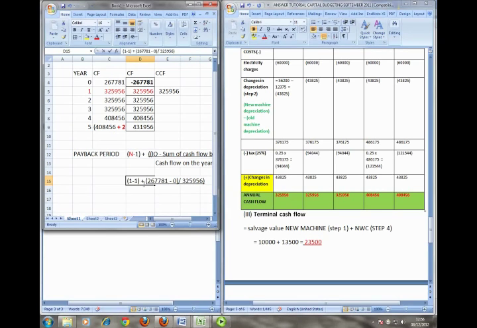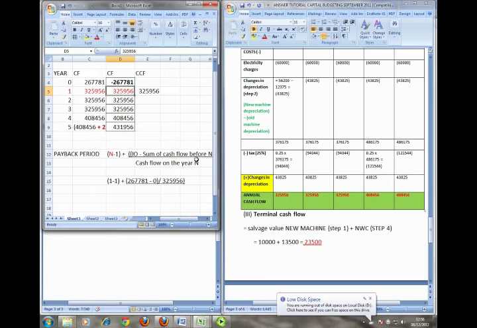As you can see now, this is why I put year 0: because of the sum of cash flow before year N. Just now you chose year 1 as your N. So what is the sum of your cash flow before year N? 0, correct? I give you an example. When your cash flow is 267,000, year 1 is 200,000, year 2 is only 10,000. Is it covered? No. Year 3 is 60,000. Yes, you see, year 3 has covered.